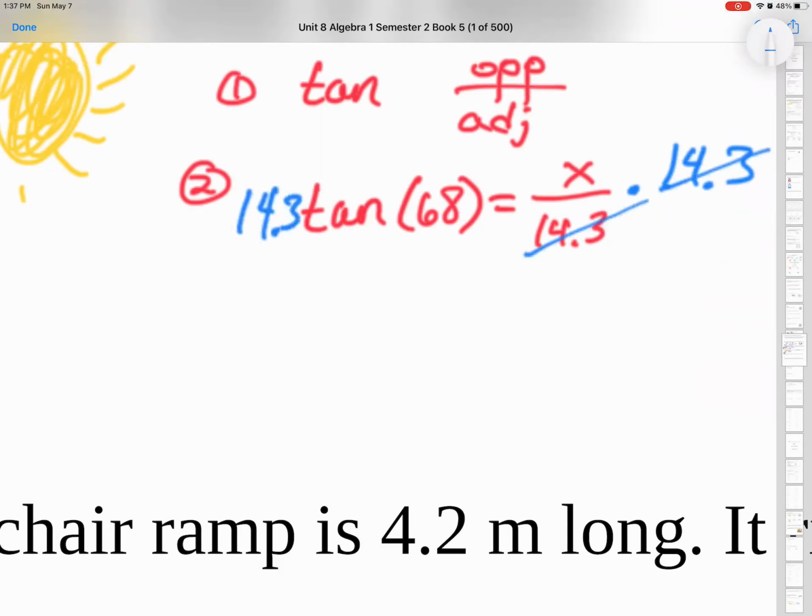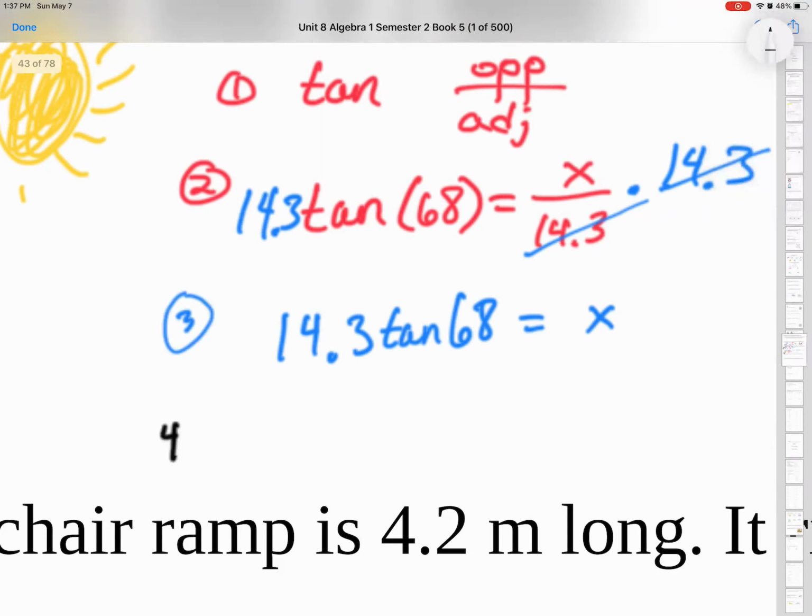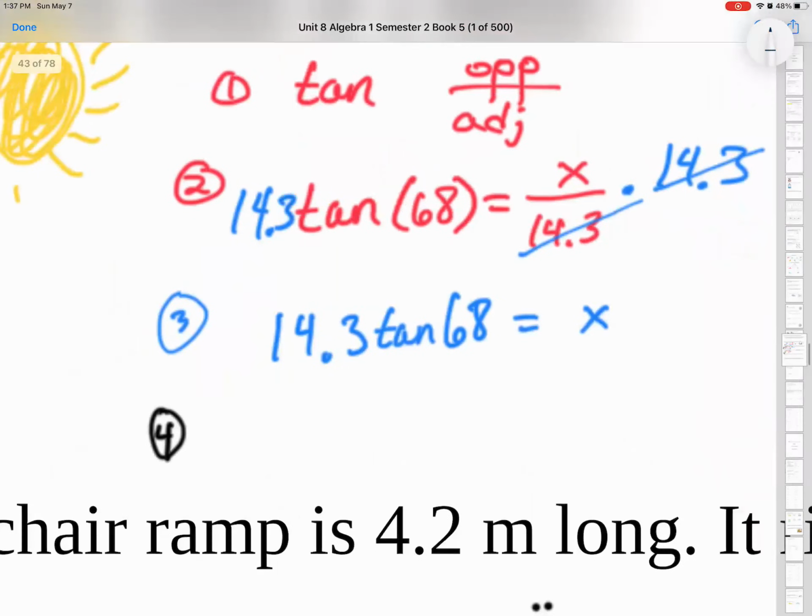Boom, boom. Here they cancel. X is all alone equals 14.3 tan 68. We throw that into the calculator. And we see that we end up with about 35.4 meters.